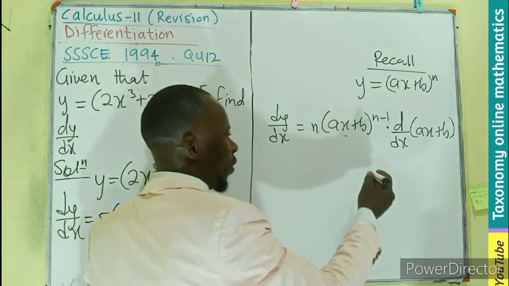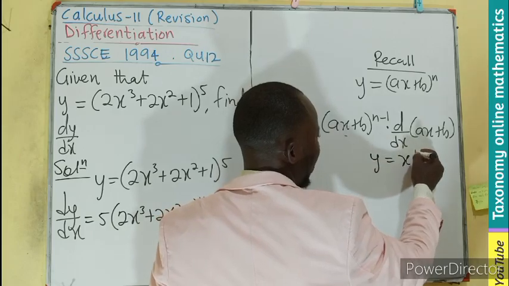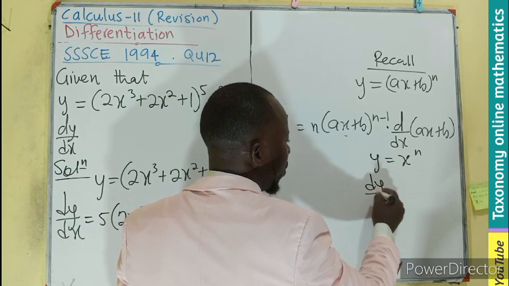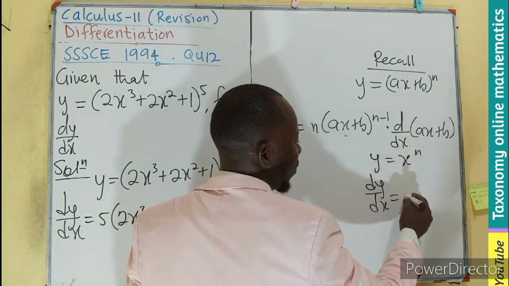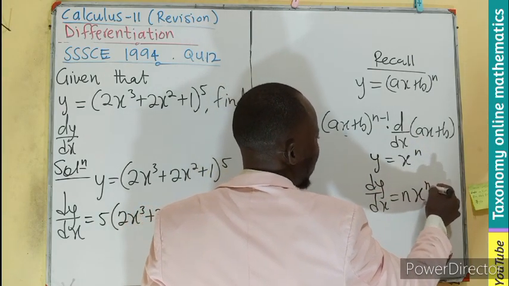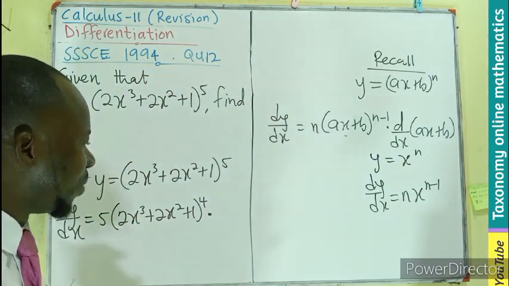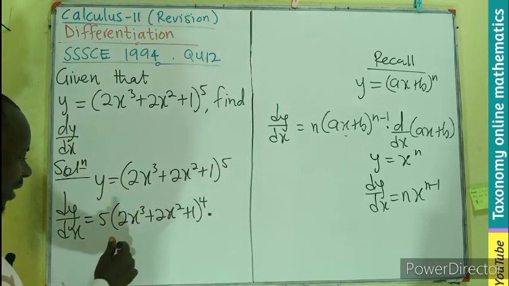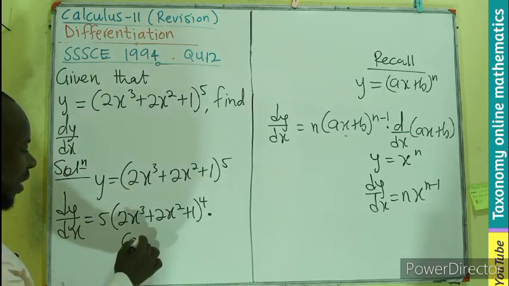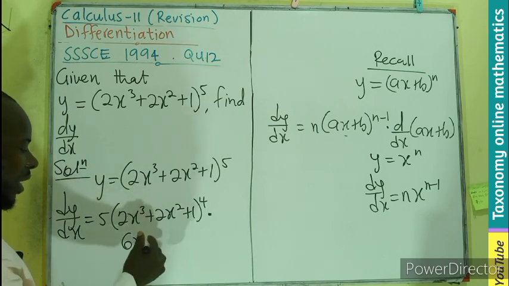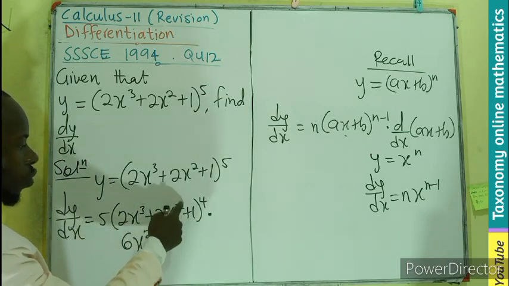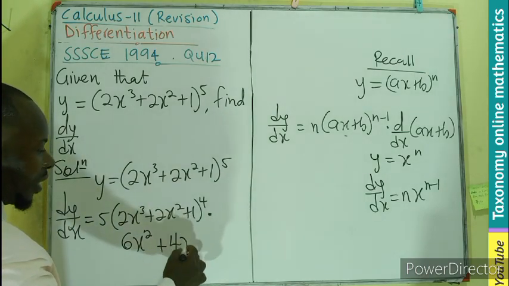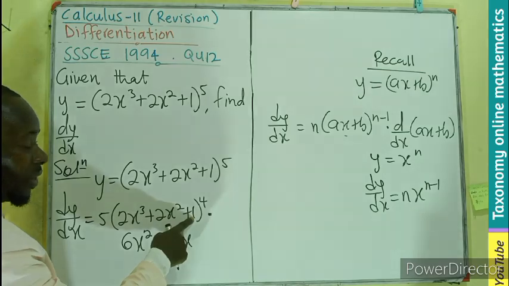We can also recall that for y equals x to the power n, dy/dx is n coming forward, multiplied by x with the power reduced. So in this bracket, 3 comes forward to multiply 2, giving 6x; we subtract 1 from the 3, you get 2. Plus 2 comes forward to multiply 2, gives 4; you subtract 1, it gives only x. The constant 1 becomes 0.